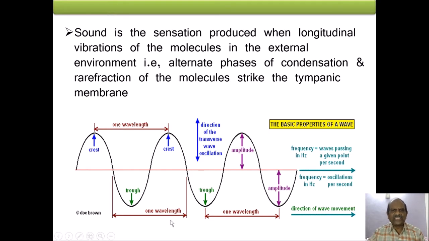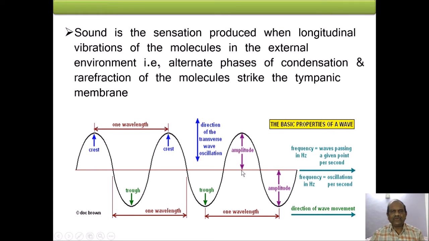You have seen this sinusoidal wave pattern of a sound wave. The peaks are known as the crest, and the troughs are known as the trough. The distance from one crest to the next crest is called one wavelength.